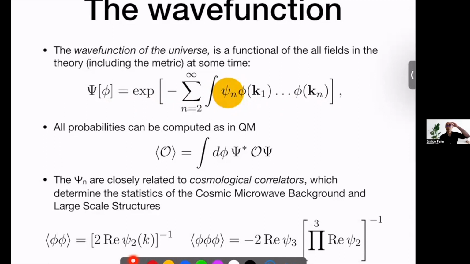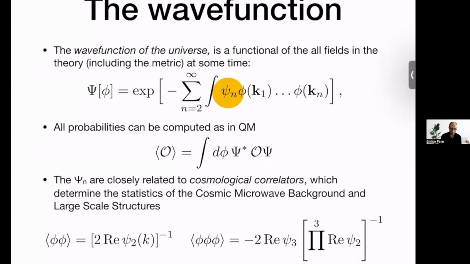This is not usually what we compute in cosmology. Usually we want to compute expectation values, but to some extent, this is the same as what we do in particle physics. We compute amplitudes that are not observable, we square them, and we compute cross sections. This is similar. We compute the wave function, and if you want to compute an observable, the expectation value is just the usual integral over all possible phi of psi star observable psi, and that gives you the observable.